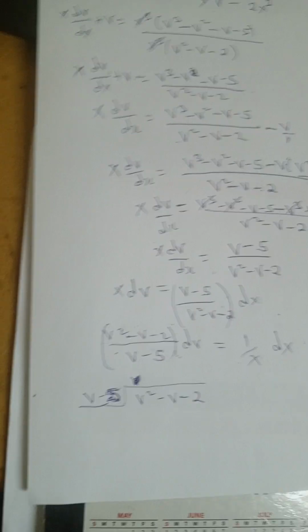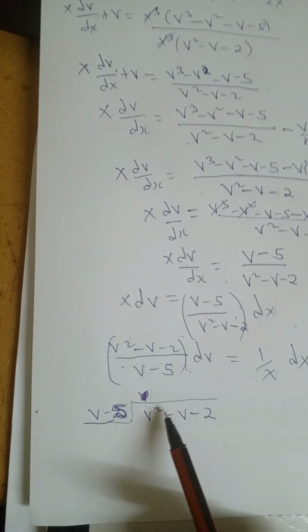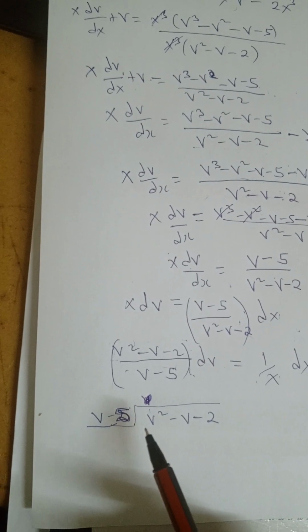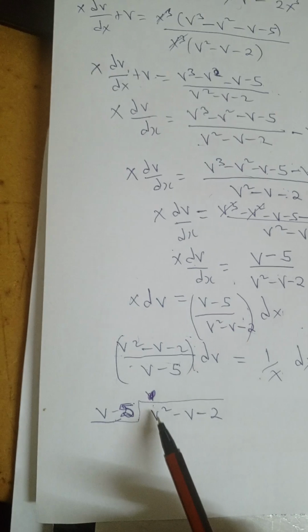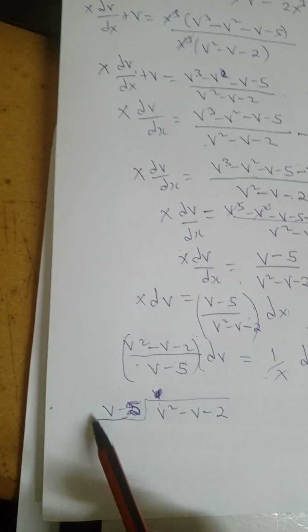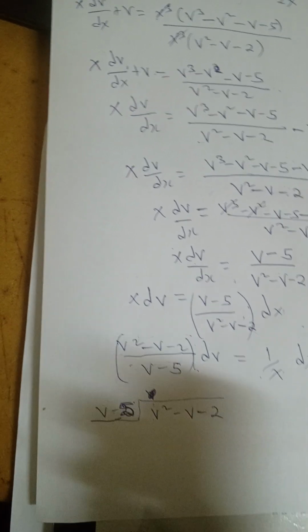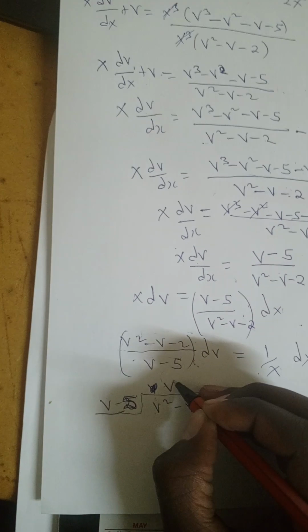So the first thing is, we'll divide until our dividend has a v with a lower degree than the v in our divisor. So v divided by v squared, what are we going to get? We're going to get v.